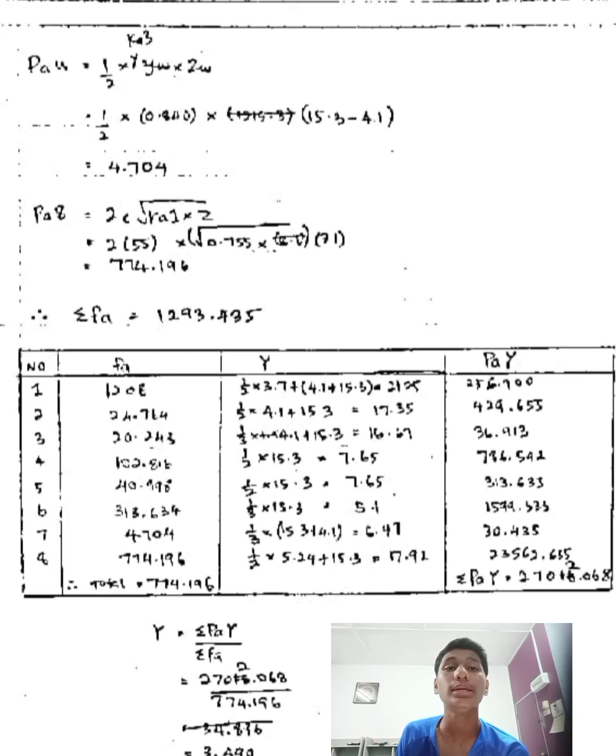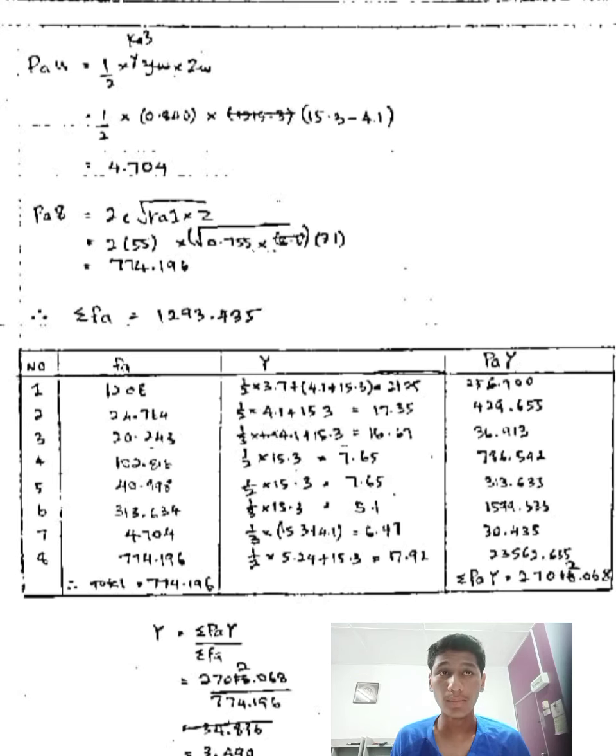The total is 774.196. Okay, based on the calculation, we will get total of PA, where 1,293.485.